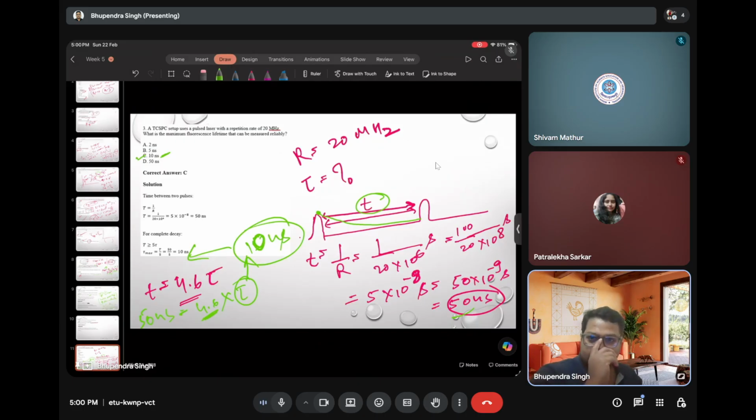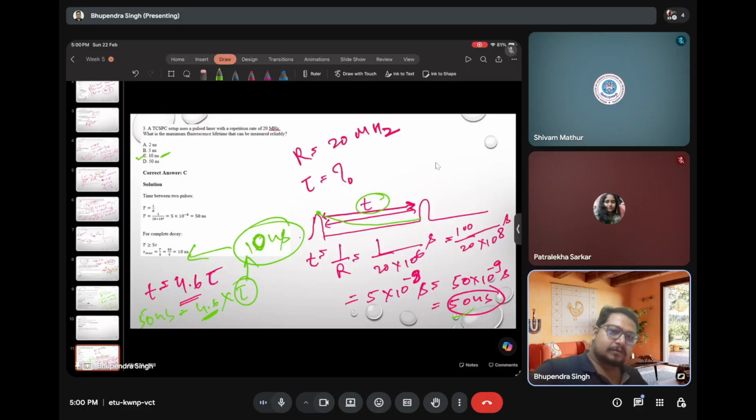If the lifetime of the molecule is 12 nanoseconds, let's say, then you have to increase the time window. But if any molecule has a lifetime of 8 nanoseconds, that can be measured by this setup in that time window.